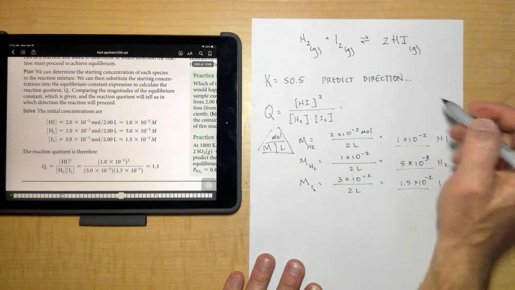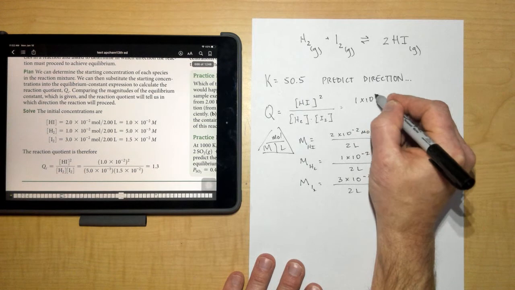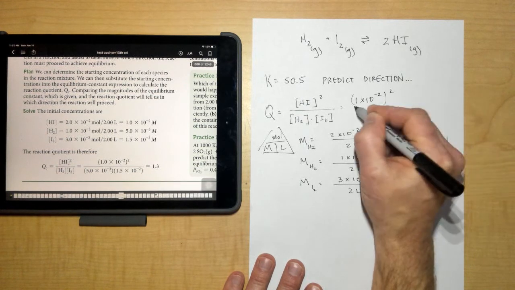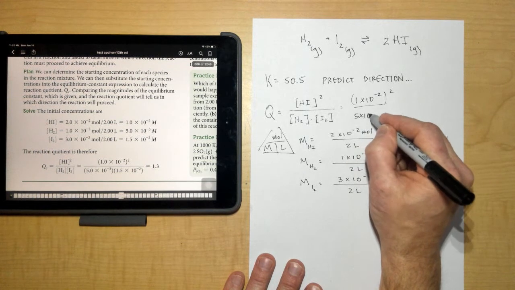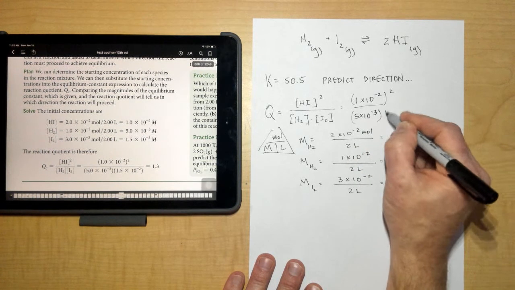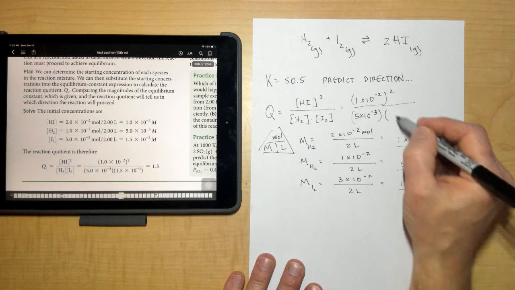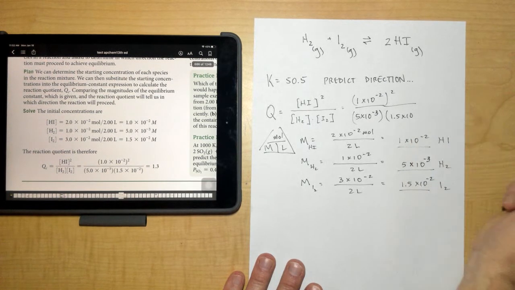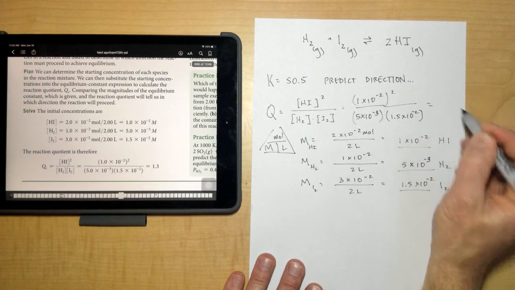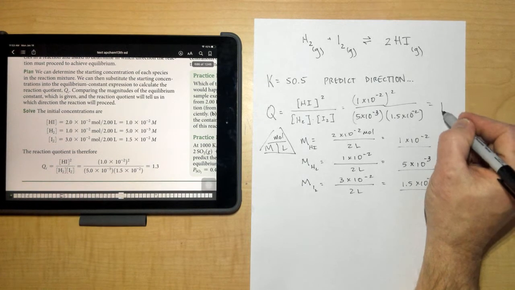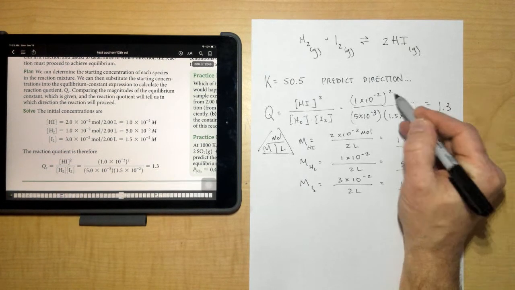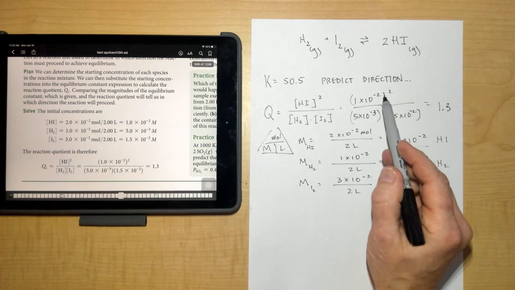So HI is 1 times 10 to the negative 2, and that's squared. And then H2 is 5 times 10 to the negative 3rd to the first power times 1.5 times 10 to the negative 2nd for I2. And then we punch that into our calculator, and you end up with 1.3. Don't forget to square that one right up here.